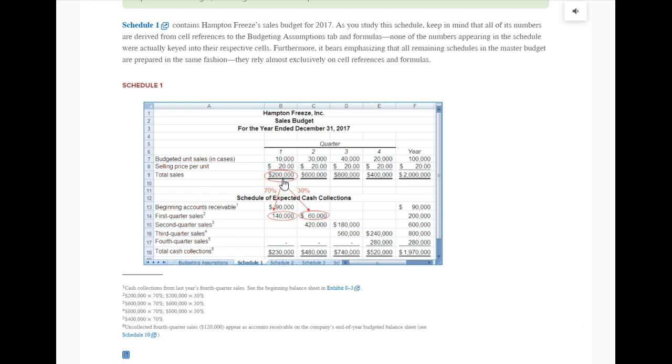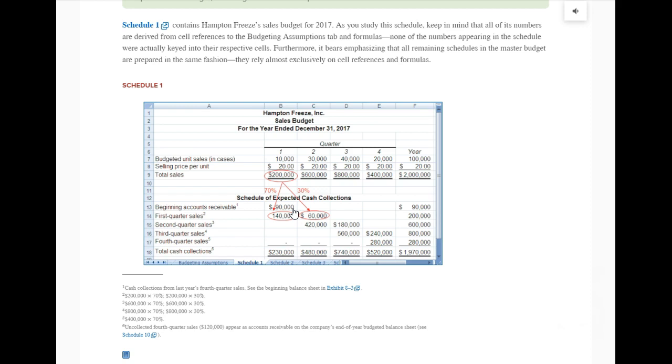Here's where we use the amount we collect in cash, and this is going to help us for the cash budget. We expect in quarter number one to collect 70% of quarter one sales in cash. So $200,000 times 70% is $140,000. Now you might be thinking, where did this 90 come from? This was the accounts receivable from the previous year end.